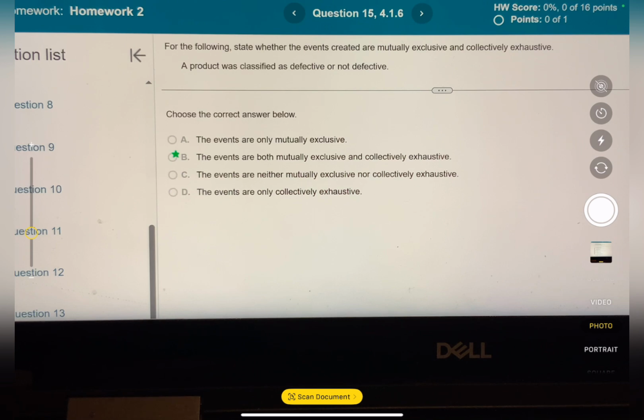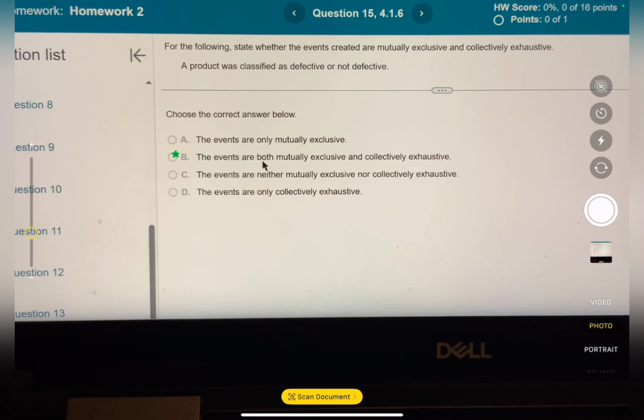So those are mutually exclusive and collectively exhaustive. A product was classified as defective or not defective. The options: the events are only mutually exclusive. That's not true. It doesn't have to be only mutually exclusive.